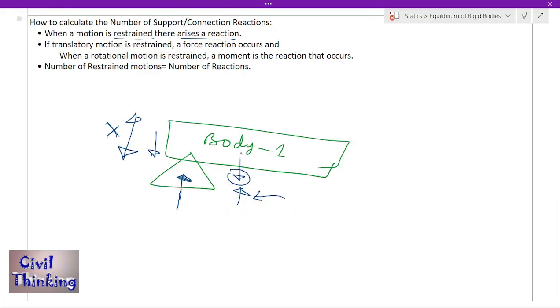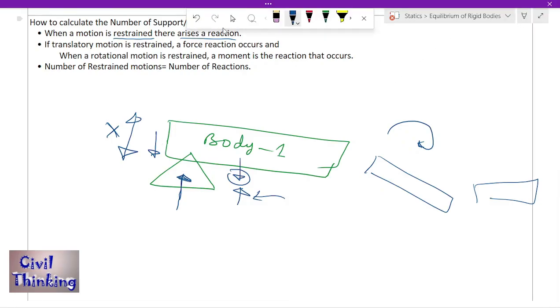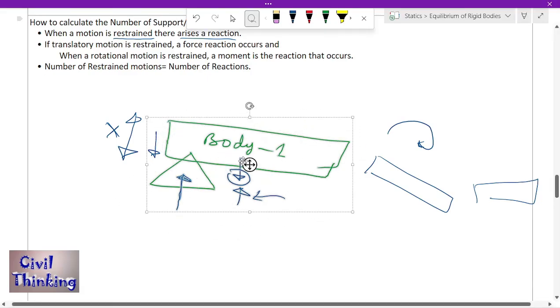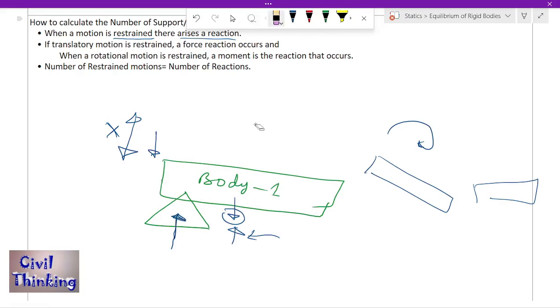Now if you try to move body 1, how will it move? Translatory motion, right? It is not going to rotate like this or this. It will just go down like this. Let me show you. So what type of motion is this? It is translatory motion.